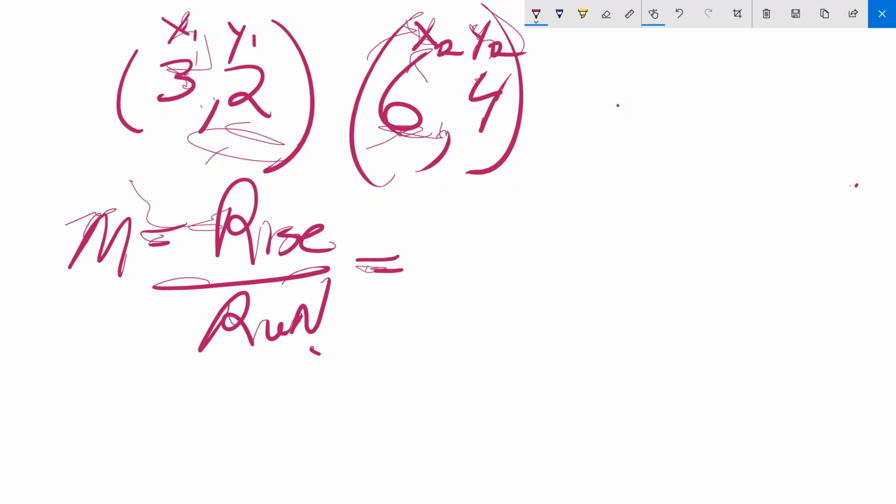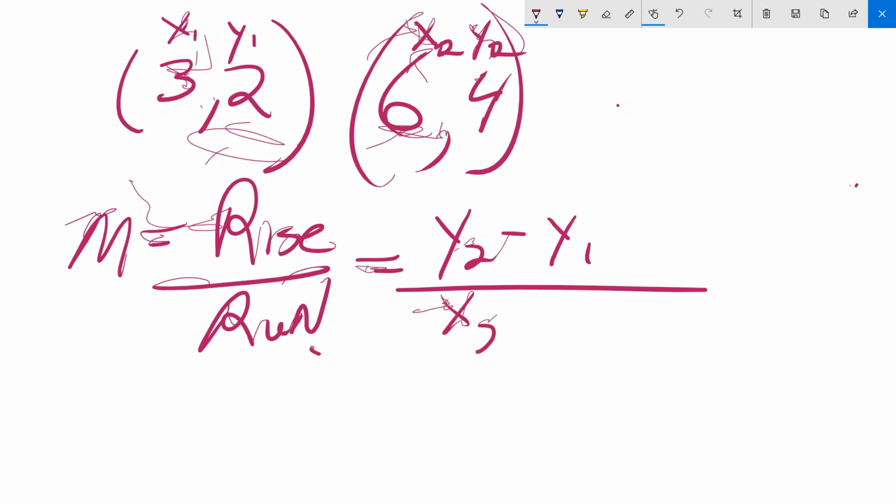What's the rise? It's y sub 2 minus y sub 1, is it not? What's the run? X sub 2 minus x sub 1. But when it's negative y2 or x2?